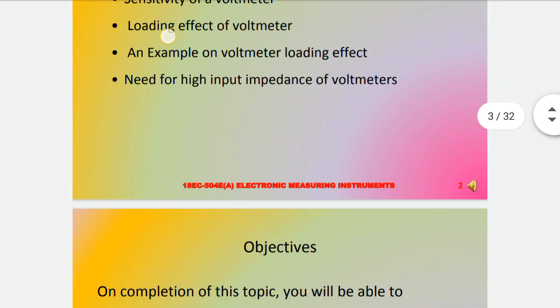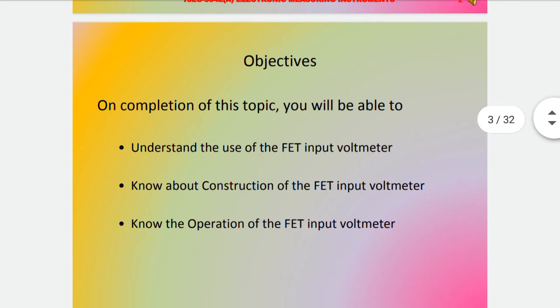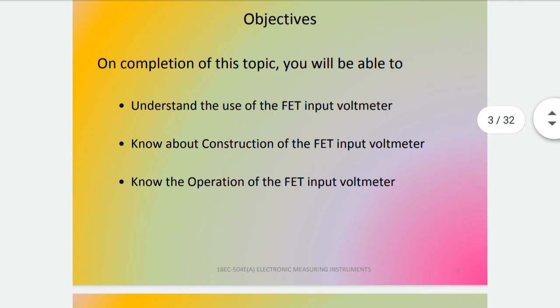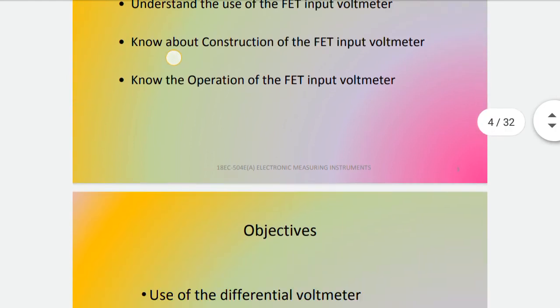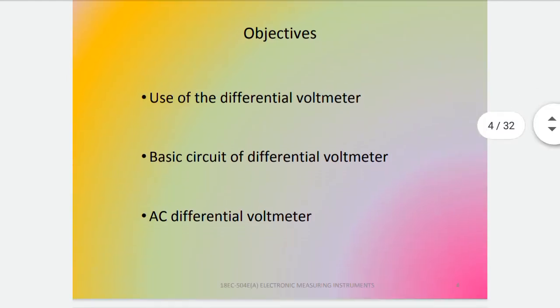On completion of this topic you would be able to know the use of FET input voltmeter, the construction and operation of the FET input voltmeter, and also how to use the differential voltmeter and the basic circuit of differential voltmeter, AC differential voltmeter. These are the learning objectives of today's presentation.